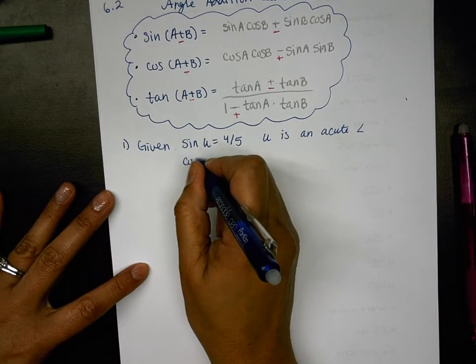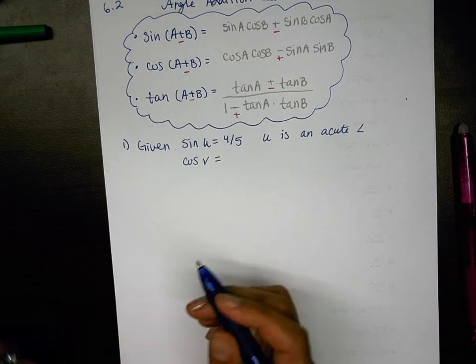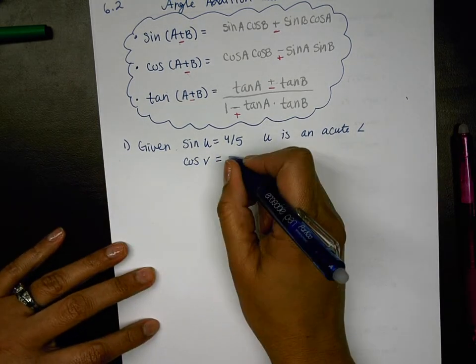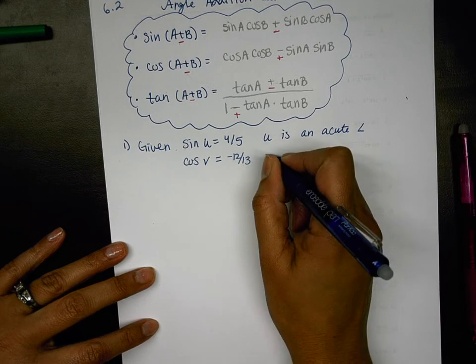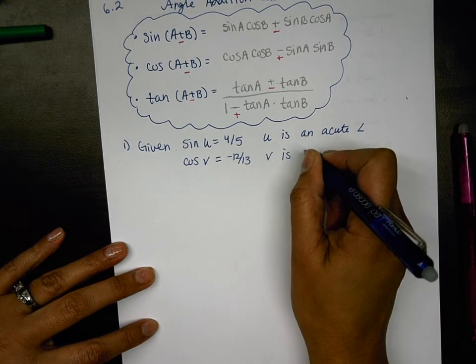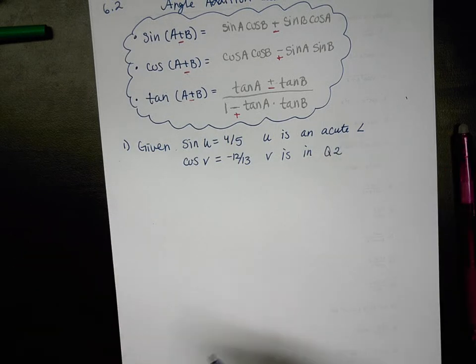We're also given that cosine of v, v is in Victor, cosine of v is negative 12 over 13. And v is in Q2, quadrant 2.